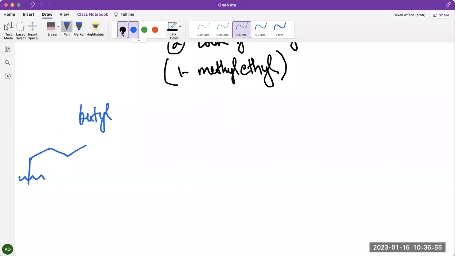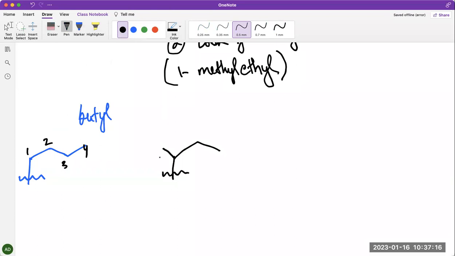Now let's see the next option. The next option is where you have 4 carbons in your substituent. Again, we're ignoring the parent chain. Here the connection point is the 2nd carbon of the butyl. You see here in butyl, 1, 2, 3, 4 carbons.